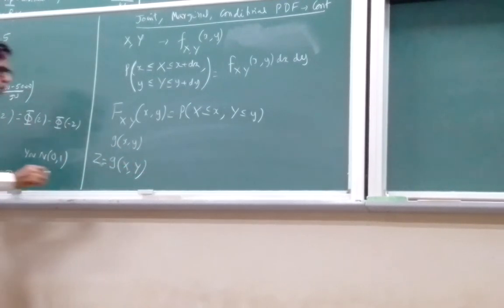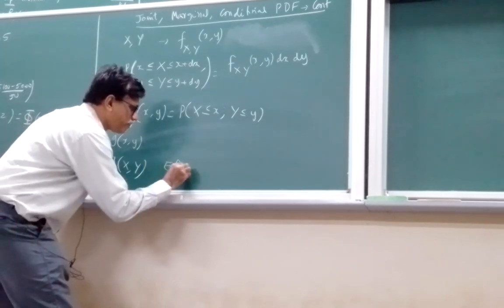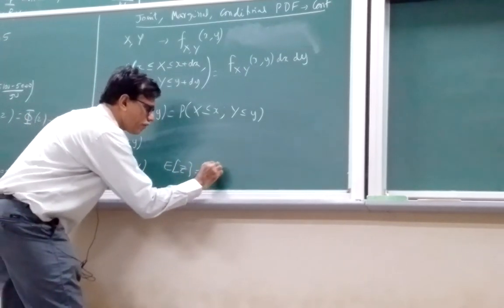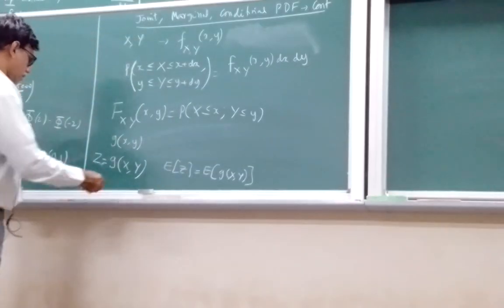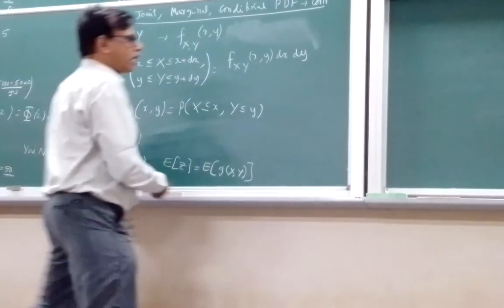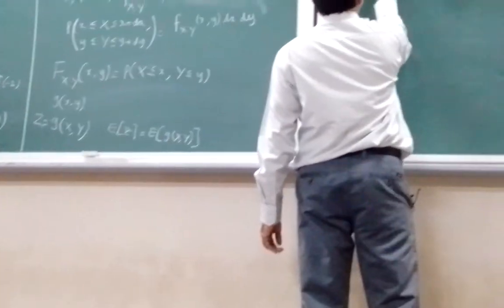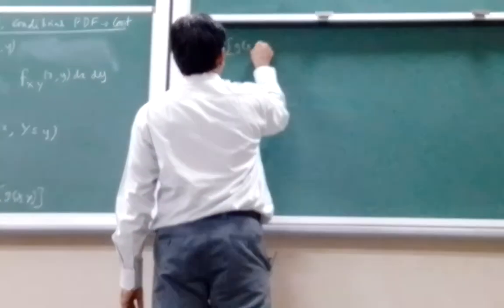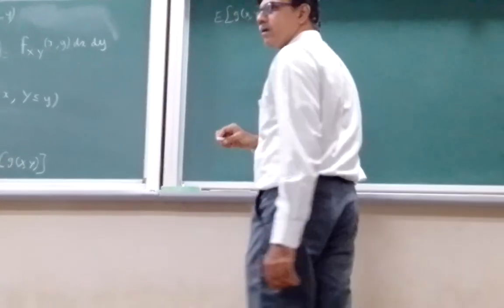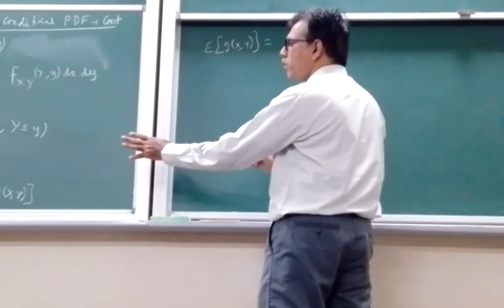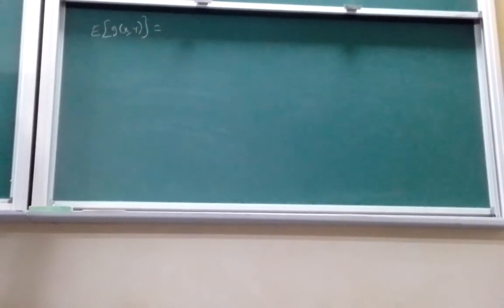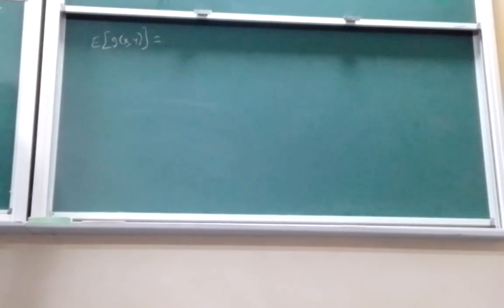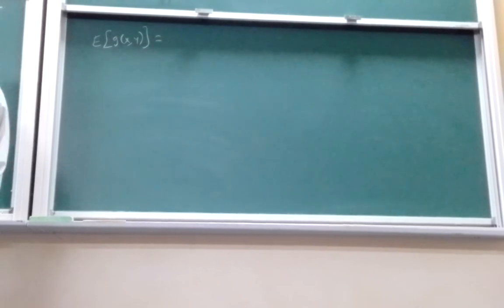But right now, if you want to find E of z, which is E of g of x comma y, we can do it as follows. If you want to find the expectation, use the density function and then find it, the same way.